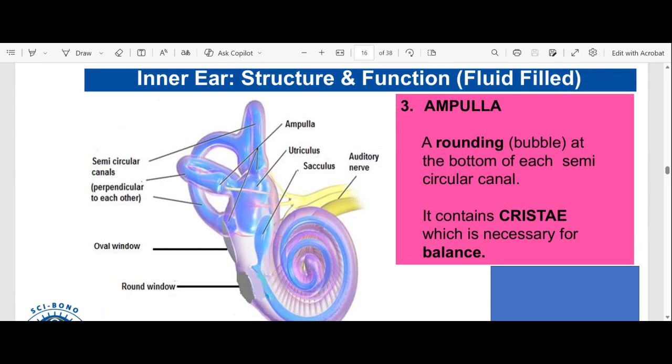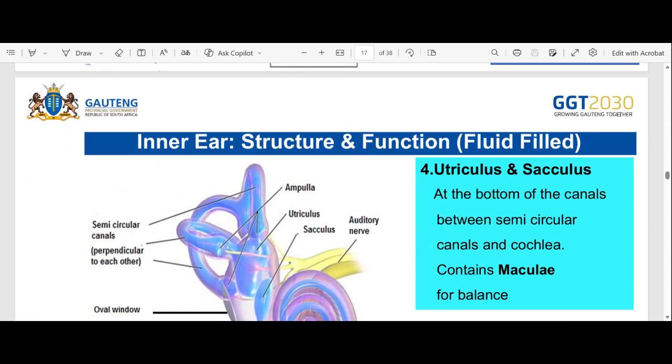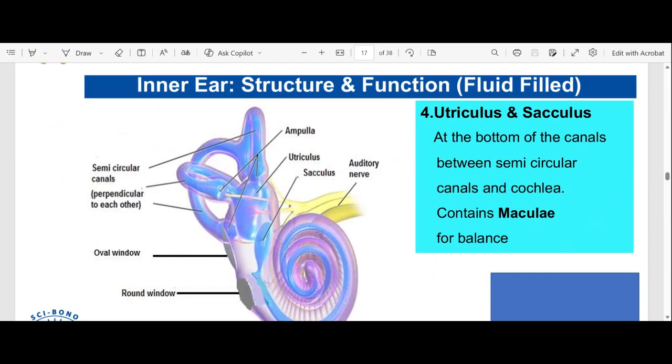Okay, so the ampullae. Let's go to the ampullae. The ampulla is just a bubble at the bottom of each and every semicircular canal. It contains cristae, which is responsible for balance. Okay, and let's go to our utriculus and sacculus.